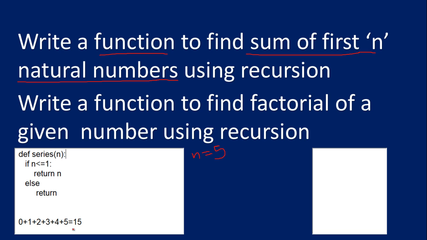Now we have to move from the back side. The last number is basically 5, so we can say that the last number is n, and the number before it is n minus 1. So over here 5 represents n and 4 is represented by n minus 1.